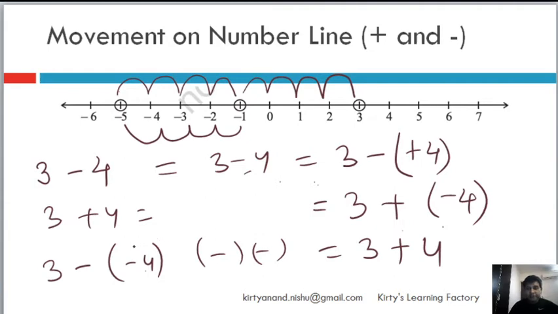We are removing the negative, which means we are adding. It is like we have taken a loan and now we are repaying, we are removing the loan, which means we are adding that much money to our pocket. That's how we are removing the loan. And which is why minus minus in things like this means plus.